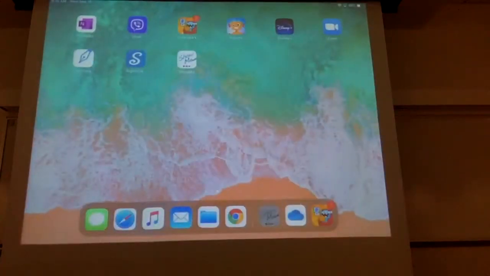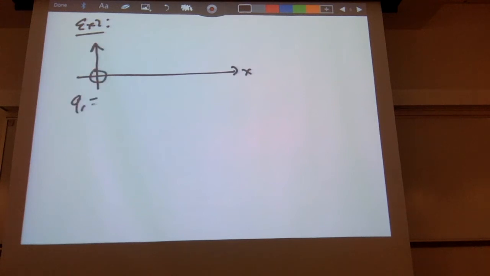So let's draw our situation. Example 2. Here is our x-axis, here's our y-axis. We're going to put Q1 here, which is equal to 8 times Q. Q2 is going to be located here, which is -3 times Q, at some distance L away from the origin.